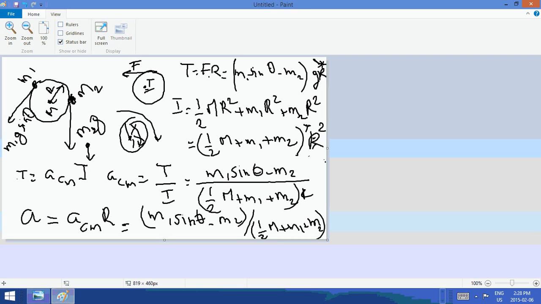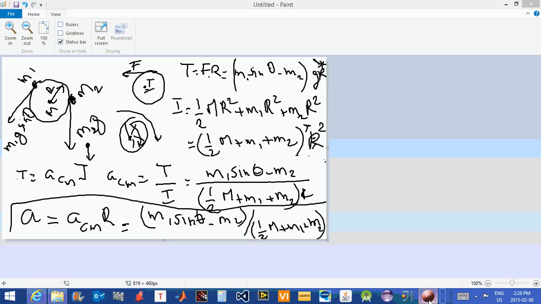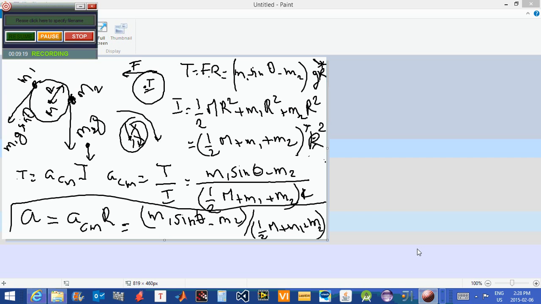And this is really the formula for the acceleration of m1, m2. Okay, so that's what we wanted to show, how to find the acceleration of such a system in a quick way that you can do in a few equations.